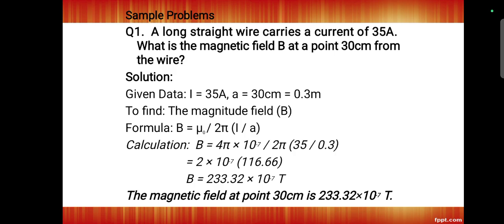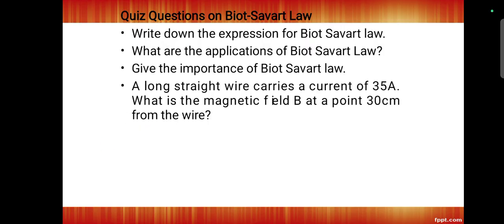So the magnetic field B is equal to mu naught divided by 2 pi into I by a. Substituting these values, B equals 4 pi into 10 power minus 7 divided by 2 pi into 35 by 0.3. On substituting and multiplying, this value is 23.33 into 10 power minus 6 Tesla.